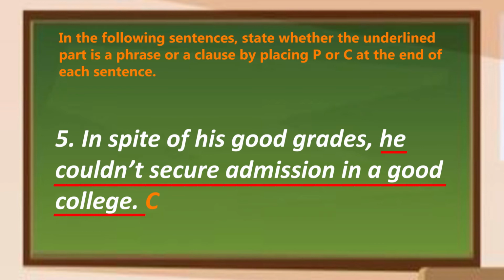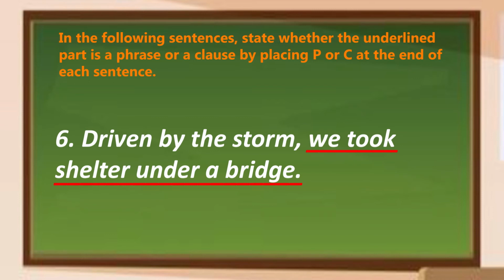Sentence 6. Driven by the storm, we took shelter under a bridge. And the part of the sentence that is underlined reads, we took shelter under a bridge. Is this a phrase or a clause?